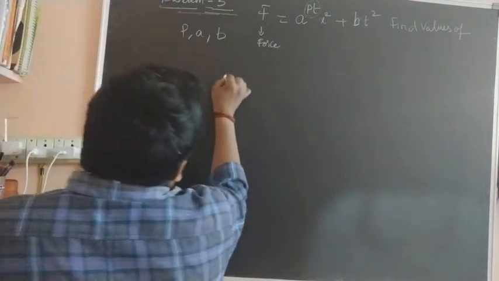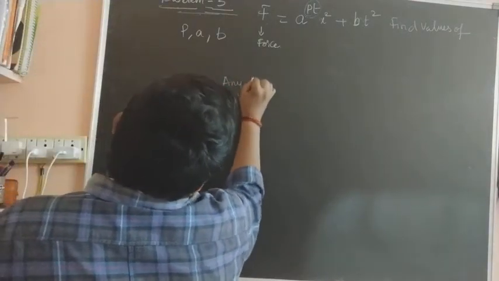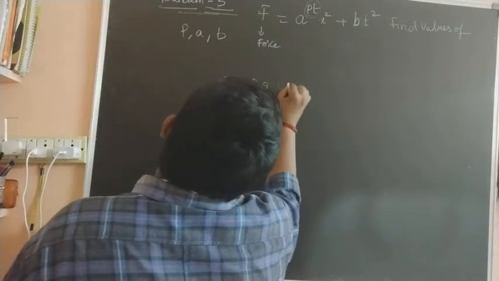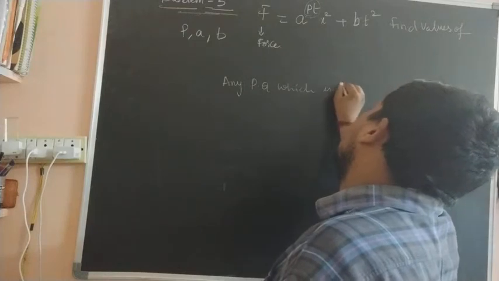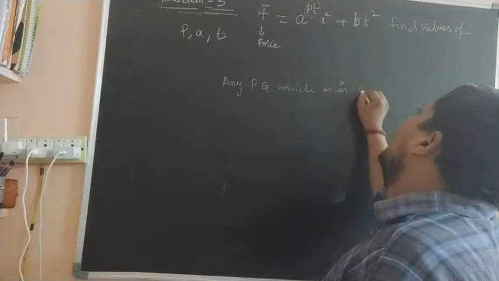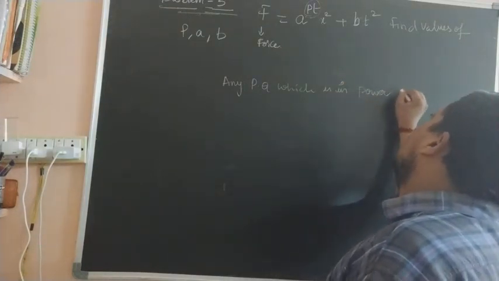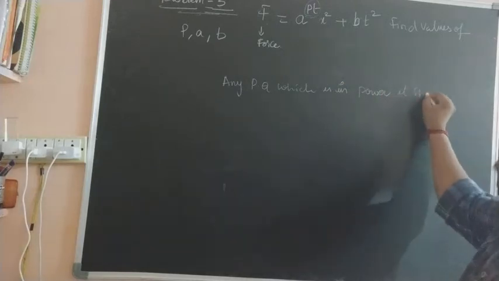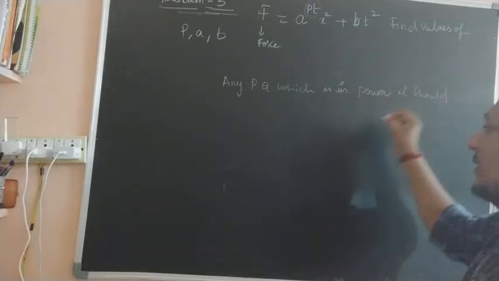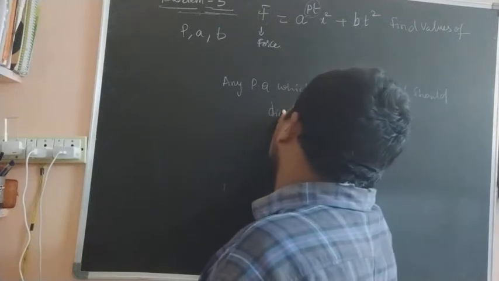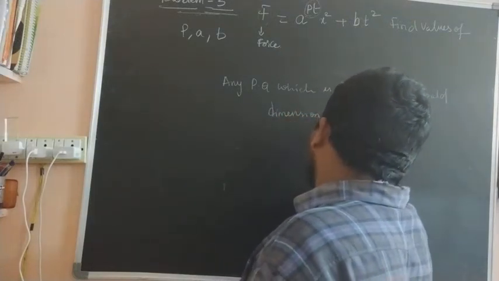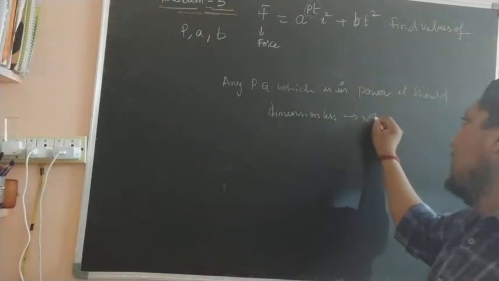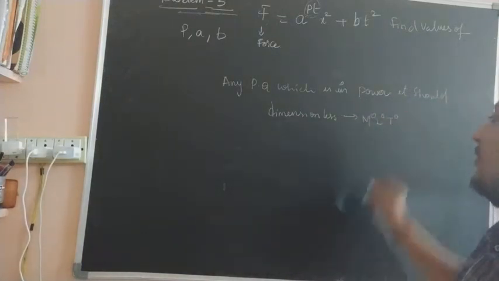Any physical quantity which is in power should be dimensionless. Dimensionless is nothing but its dimension is M power 0 L power 0 T to the power of 0.